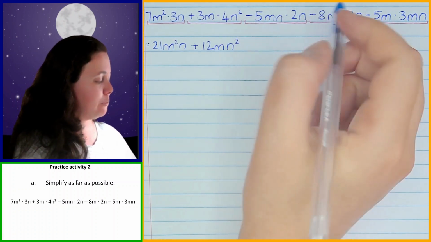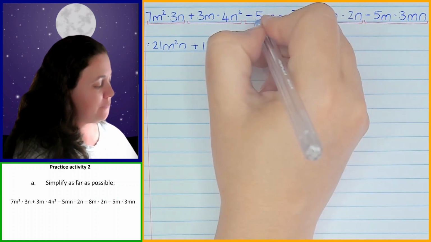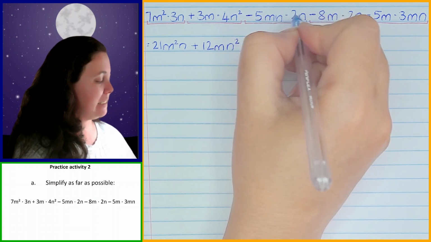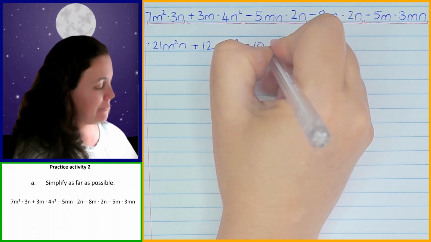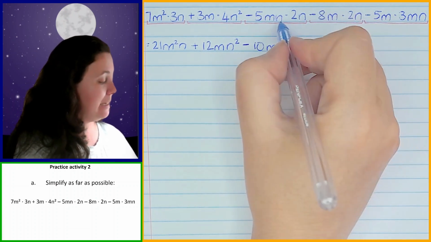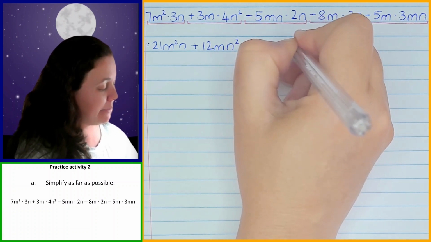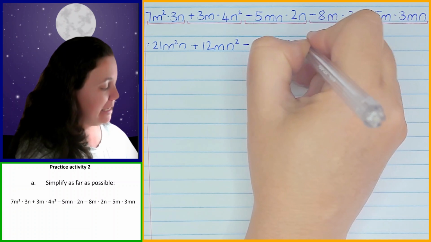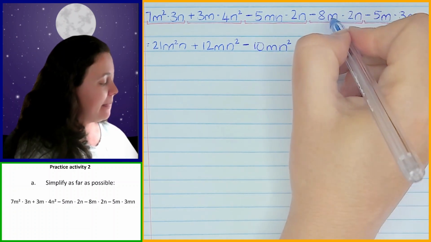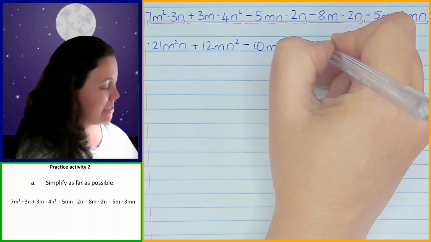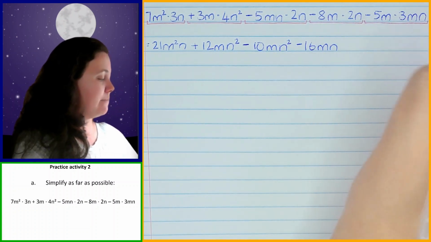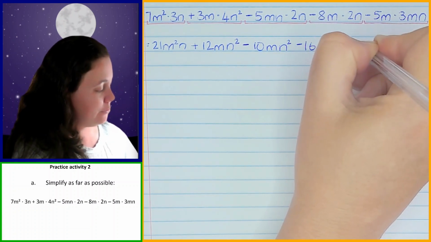Then a negative times a positive is minus, 5 times 2 is 10, then I've got m times n times n. So the m doesn't have any same basis, but the n and the n need to combine to give me n squared. Then I've got negative 8 times 2 is negative 16, and then times m and times n, so it's mn. And then negative 5 times 3 is negative 15.